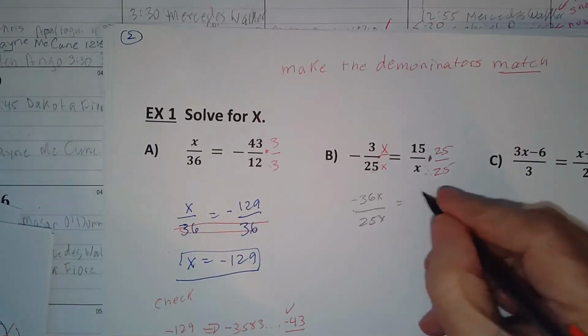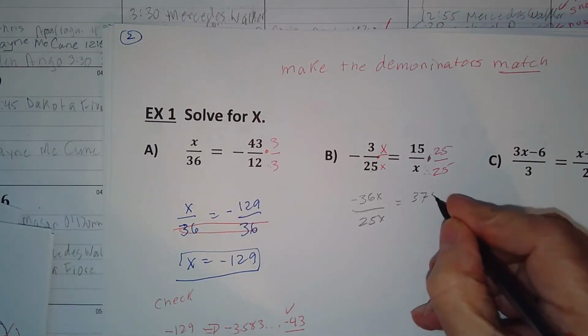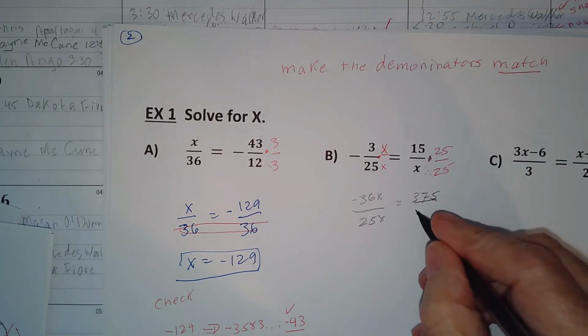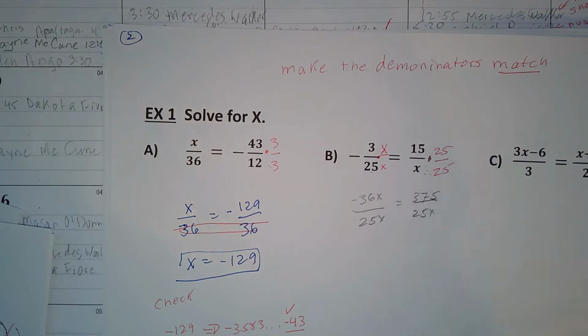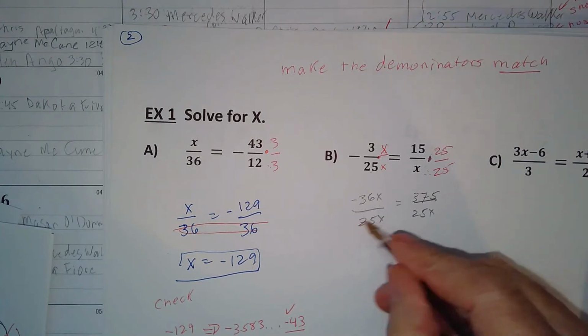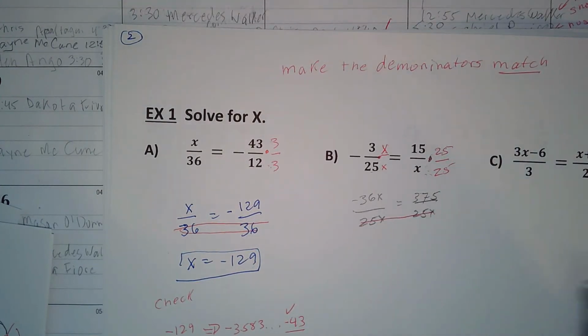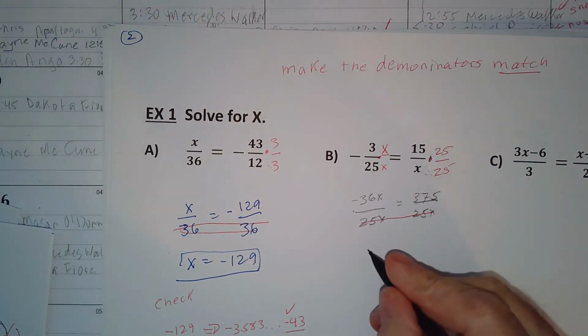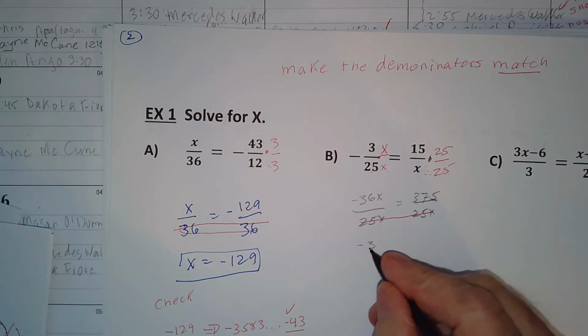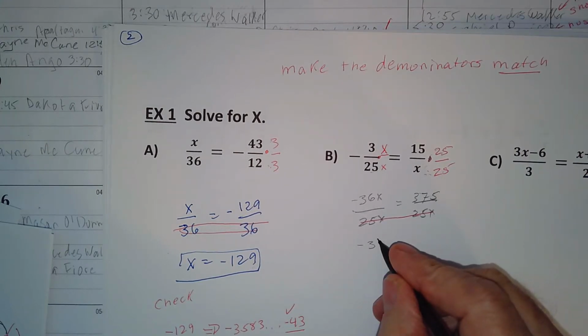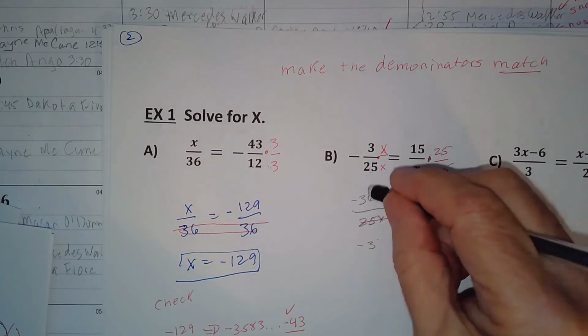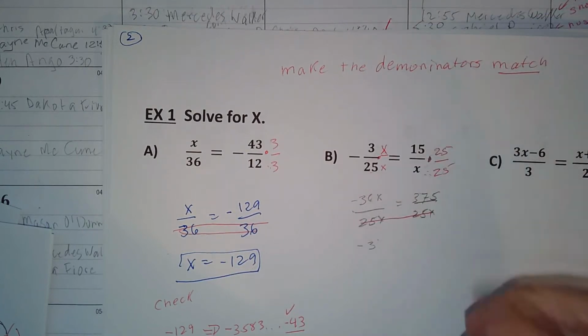So that equals 375 over 25x. And then just ignore the denominator, numbers and x's included. Oh, I said negative 36. It's negative 3x. Negative 3x.